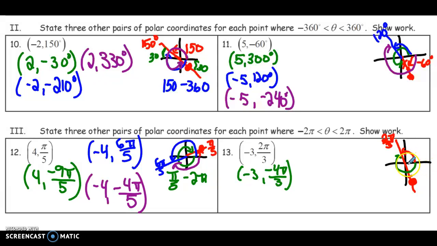Now I want to figure out how to just get to the line where my point is on. So if I went counterclockwise, this would be negative pi over 3.